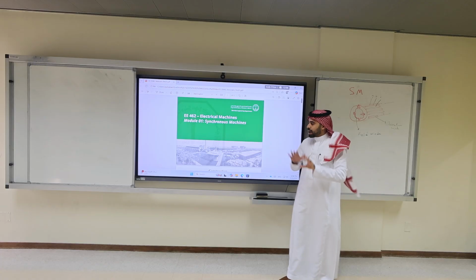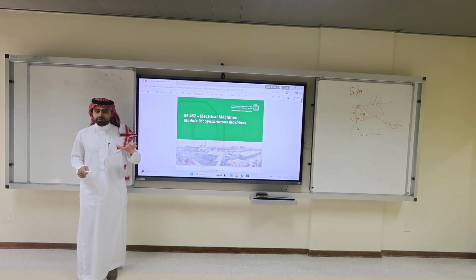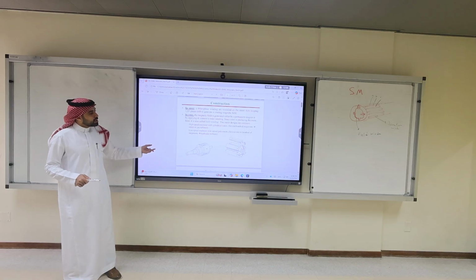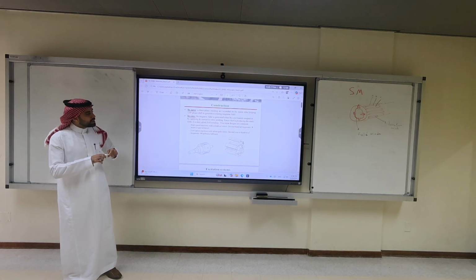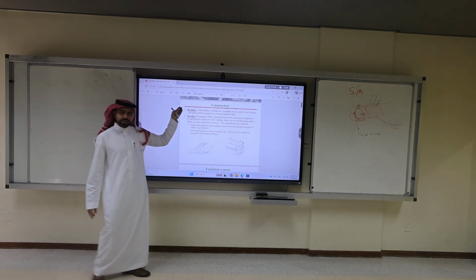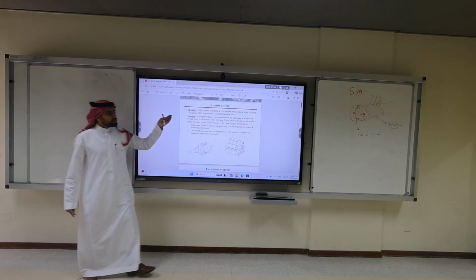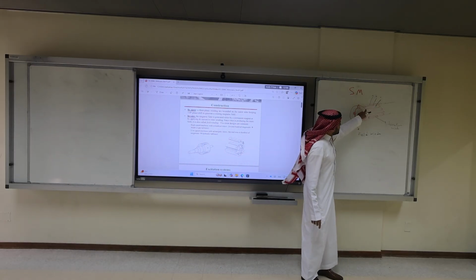So let's keep the problem simple and look at it from the generator point of view. Again, 3-phase windings are wound on the stator slots, keeping 120 degrees. Why? Because I have to have 3-phase output. It's not that every cable is 120 degrees from the neighboring cable.